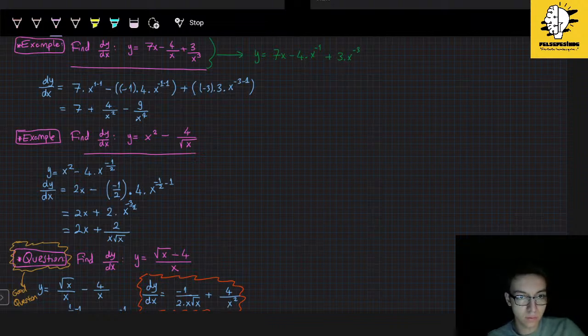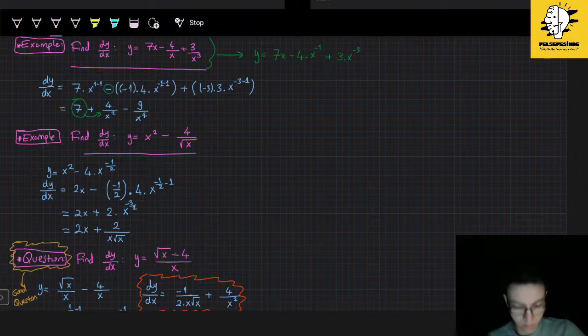Okay, let's take their derivatives, and the first one is easy. It's going to be 7, and x will be to the power of 0, and it's going to be 1, and we are left with 7. And let's pass to the other variable. Let's take a look at it. You have a minus here, right?